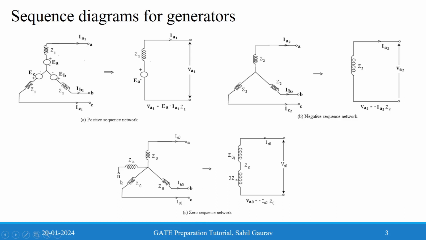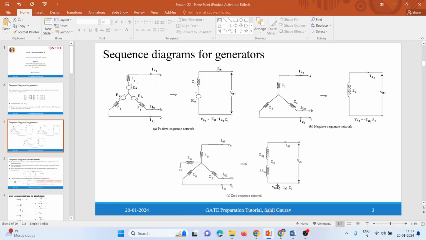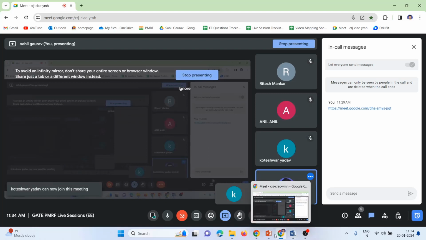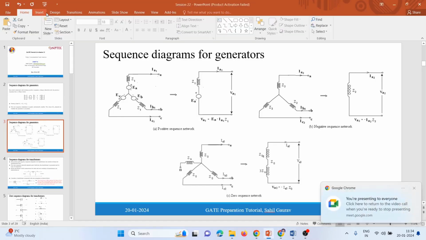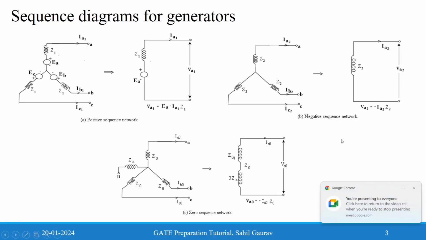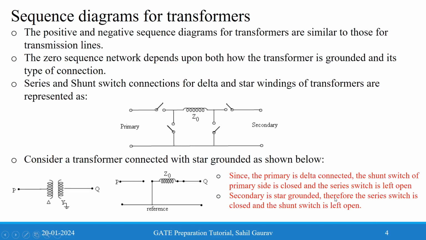If the neutral is grounded, then you have to take 3 times Zn. Otherwise you just take the zero sequence impedance. So just revise all these things, and we will shortly begin solving the GATE problems.